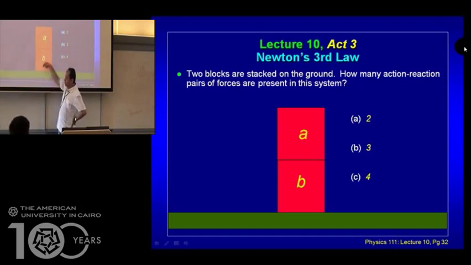From B to the ground, B is pushing on the ground, and the ground is pushing on B. That's 2 pairs. And gravitational force between A and Earth, and of course then the opposite one. How about the gravitational force between B and the ground?